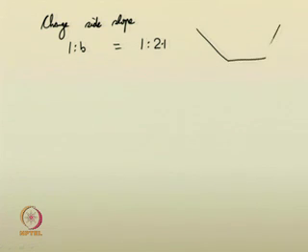I am now changing this 1 is to b into 1 is to 2.1. So, this slope is 1 is to 2.1. We are keeping the ratio y n by B naught the same, 0.20.